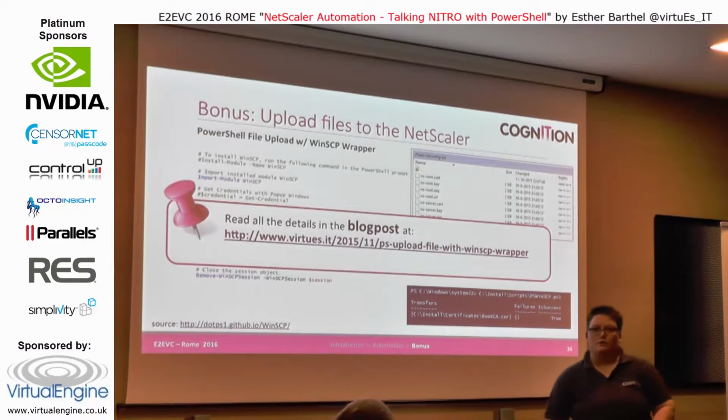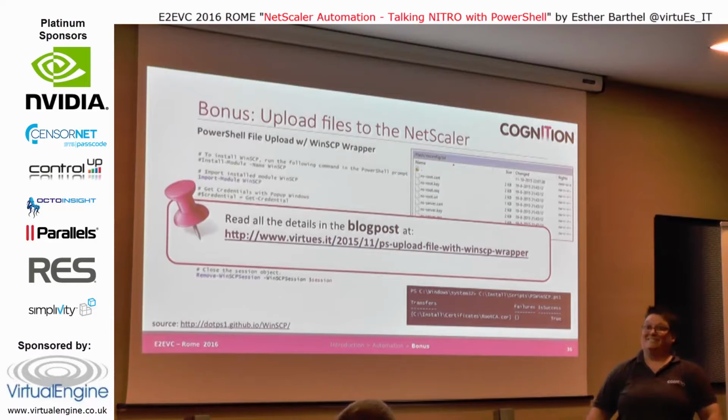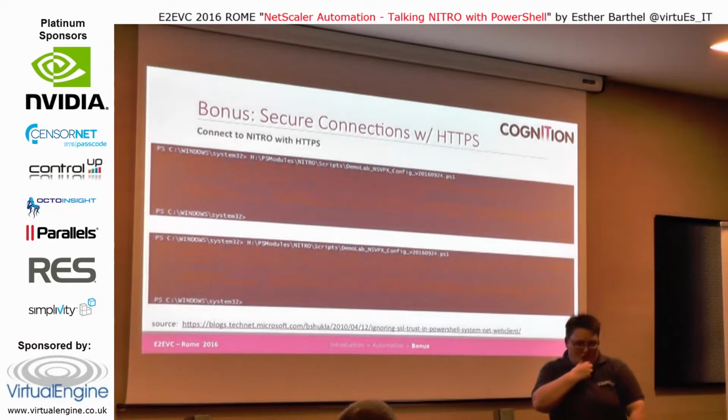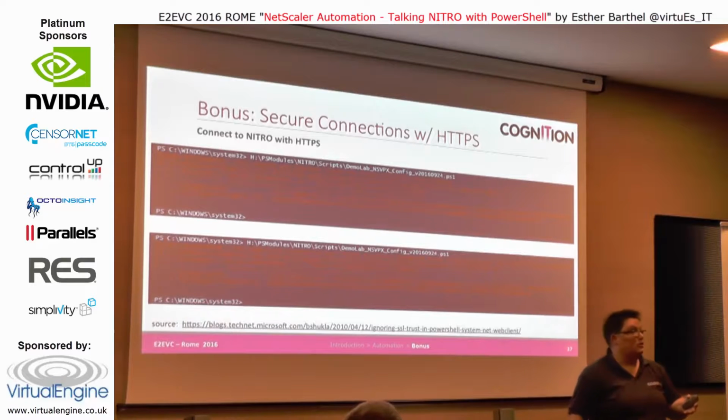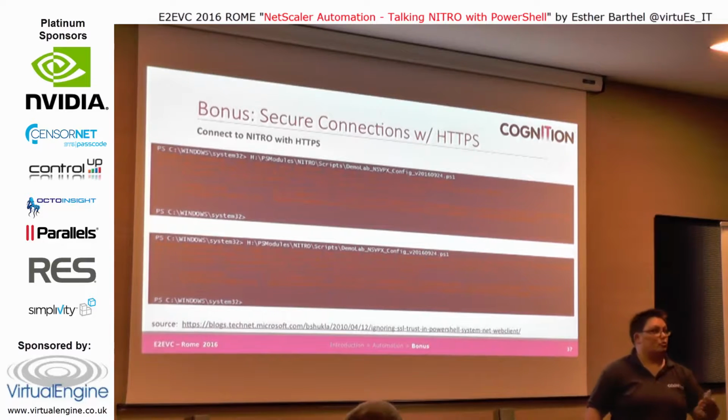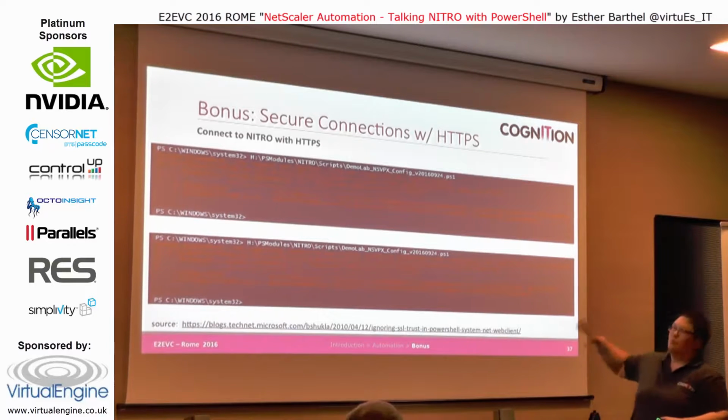And once again, there's some blog posts on it. And as I showed in the demo, I use HTTPS to communicate in a more secure way with my NetScaler. When I first tried that, it didn't really work.